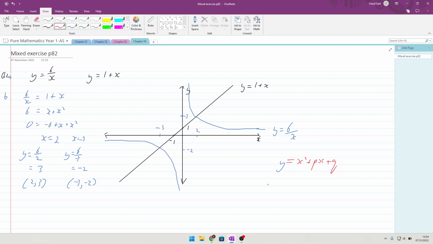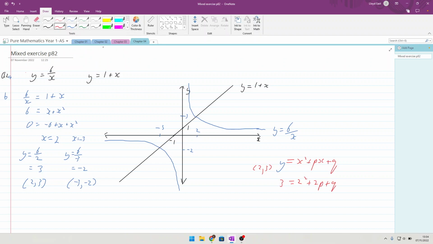Okay, so we know that it passes through 2 and 3, which means we have a y of 3. Let's take the coordinate of 2, 3. So that means we have 3 equals 2 squared plus 2p plus q.